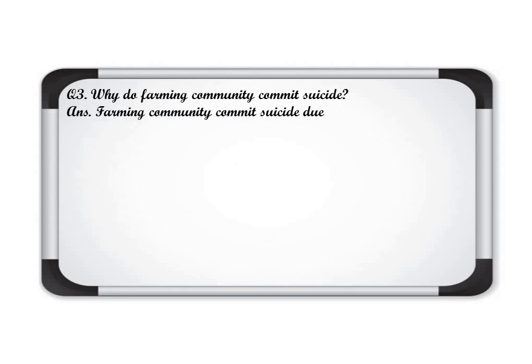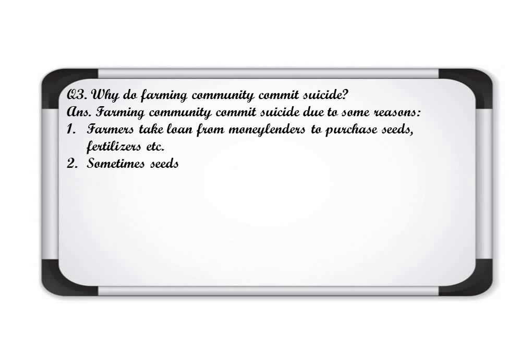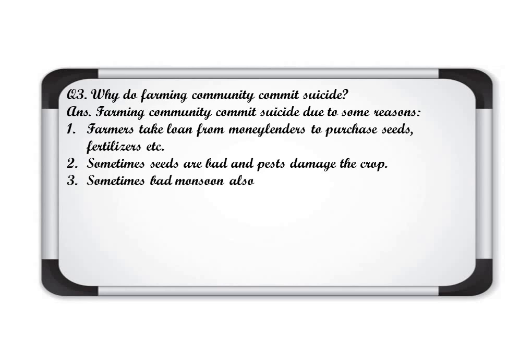Question number 3 was, why do farming communities commit suicide? Farming communities commit suicide due to some reasons. Number 1, some farmers take loans from money lenders to purchase seeds, fertilizers, etc. Sometimes seeds are bad and pests damage the crop, and in that case sometimes a bad monsoon also damages the crop.